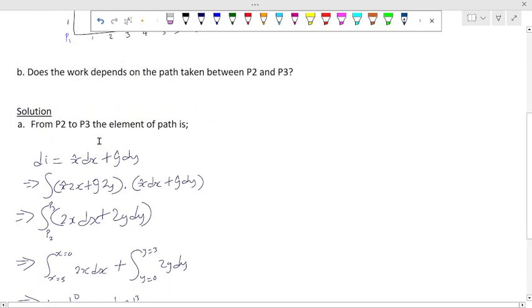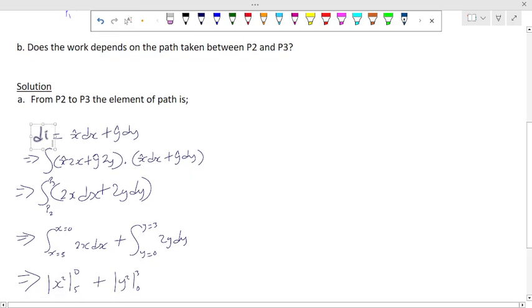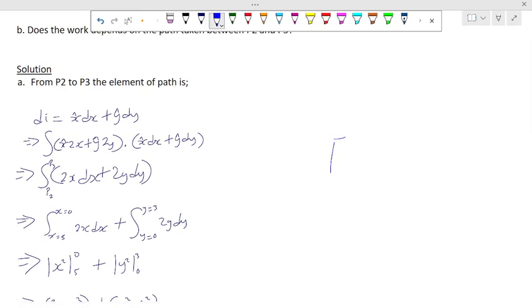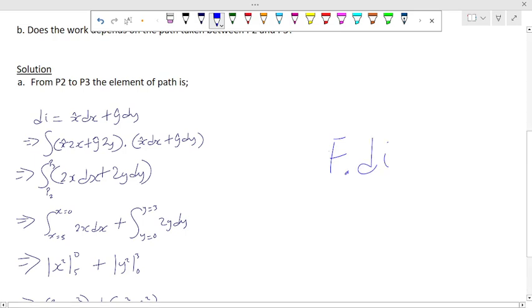For part A, note that we are dealing with 2 dimensions here: the x dimension, the change in that x dimension, and then the y dimension. And we denote that with this. Since we are looking for work done, it's like saying force times distance.